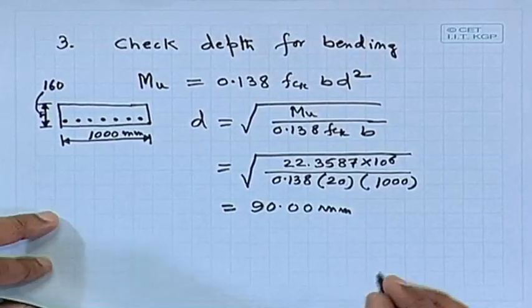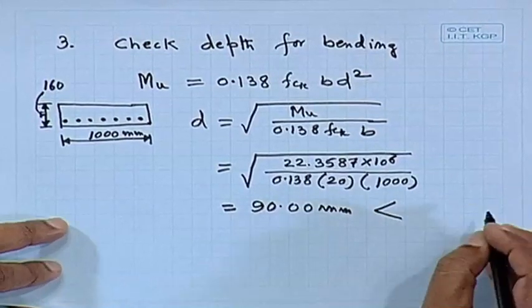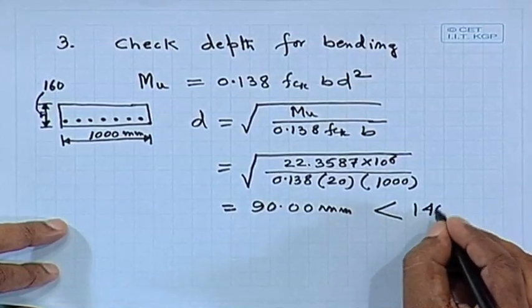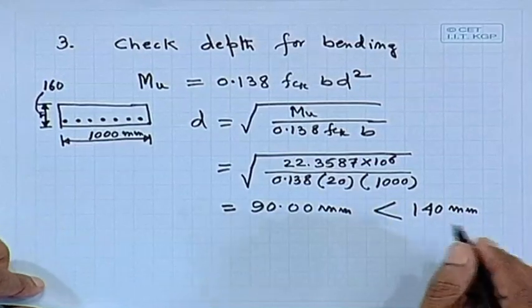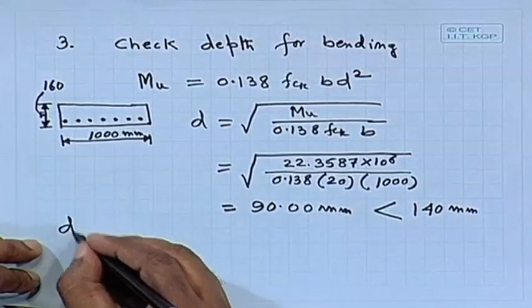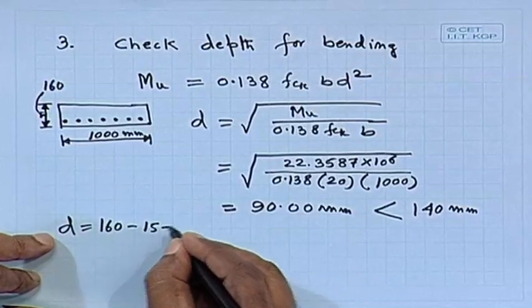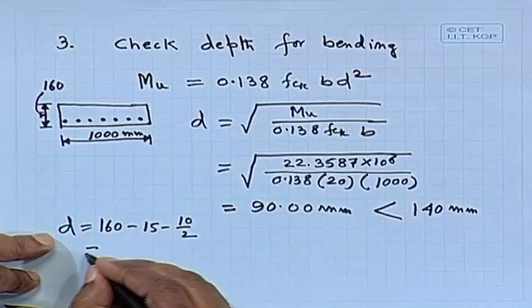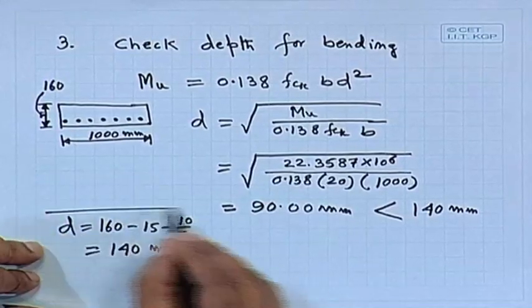Which is less than 140 millimeter, the effective depth that we have got. So, d equal to 160 minus 15 minus 10 by 2, which comes as 140 millimeter. This is the one that we are providing.